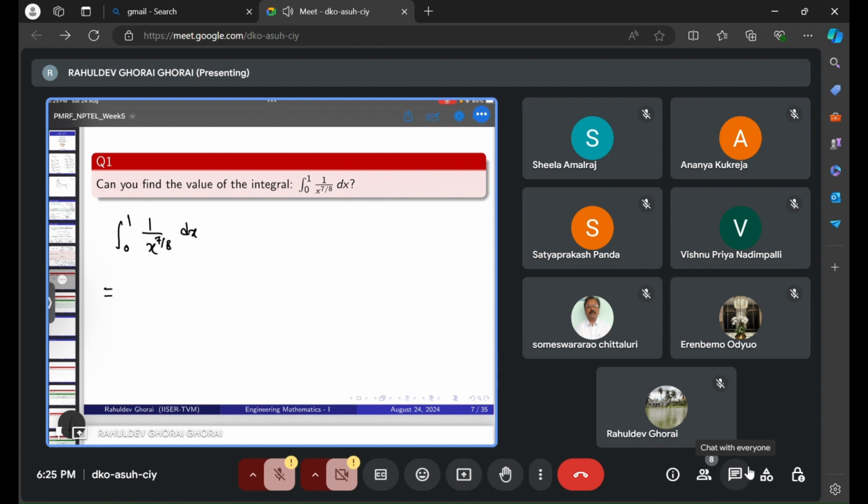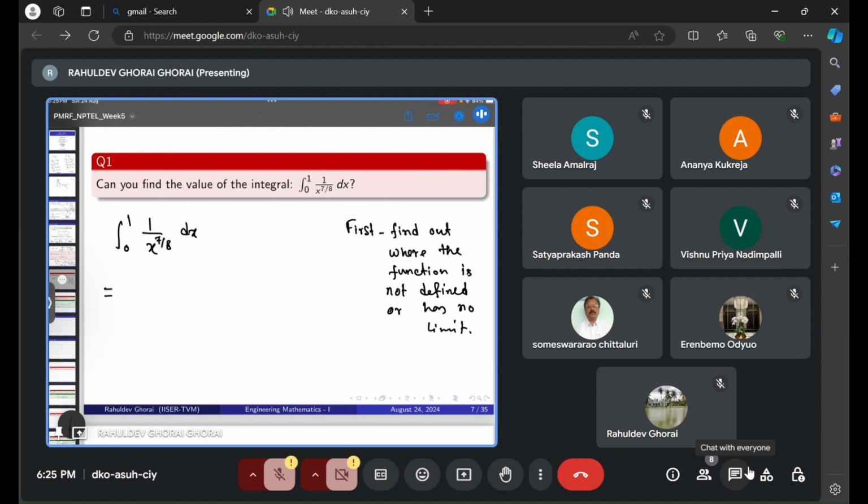First of all, find out where the function is not defined or has no limit. In this case it is 0.